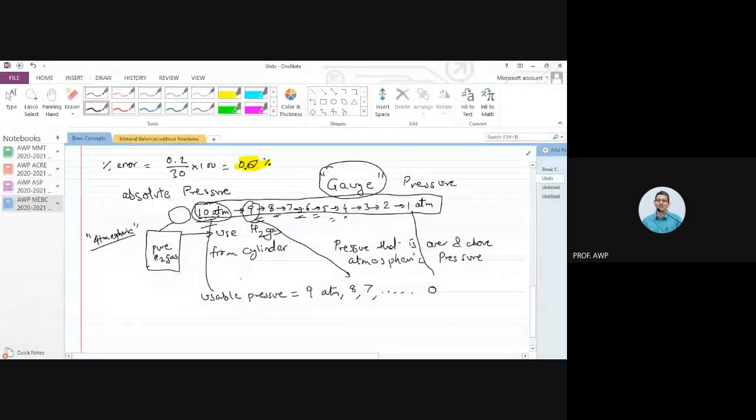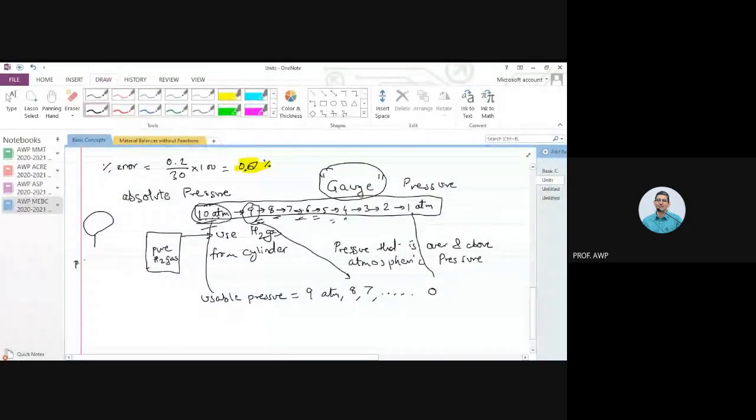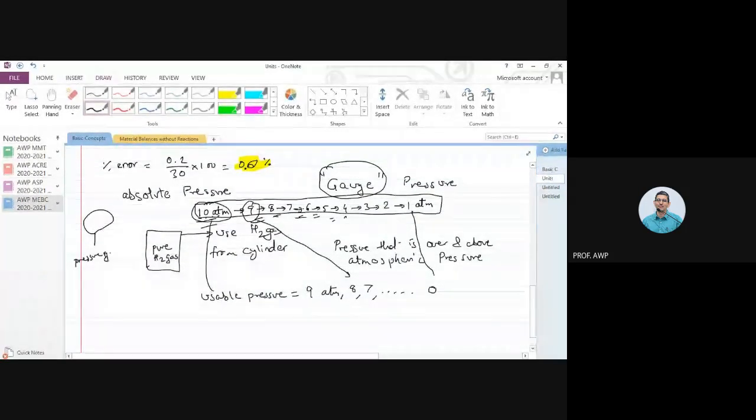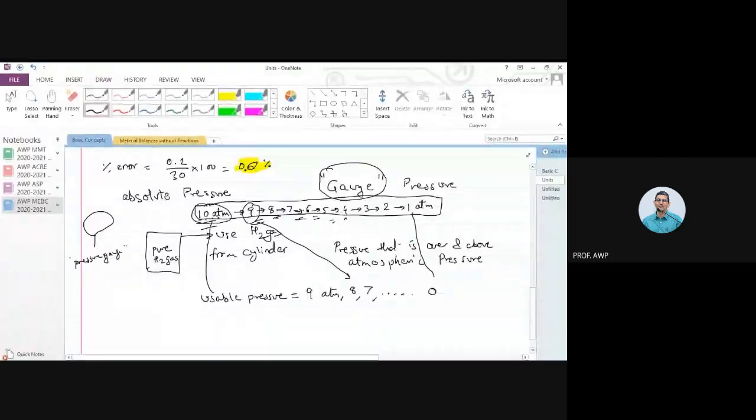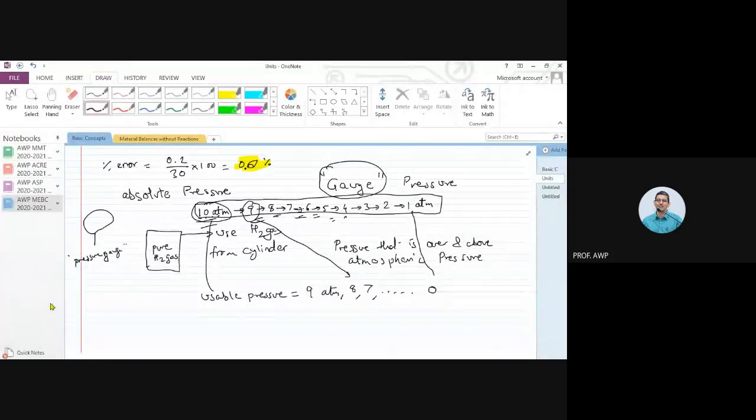Why? It is because that is what would have been indicated by a pressure gauge. So before you had attached this pressure gauge to the cylinder, you can Google how a pressure gauge looks like.